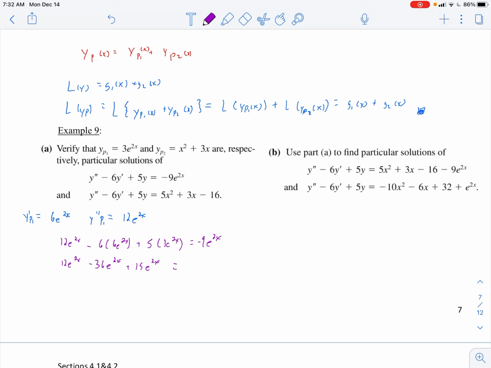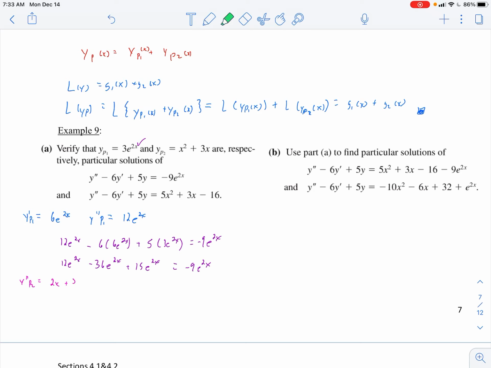And when we do the math, 12 plus 15 is going to give us 27. The difference of 27 and 36 is minus 9, so we do get negative 9e to the 2x. So that is a solution. Alright, let's check the other one. y prime p sub 2 is going to be 2x plus 3.